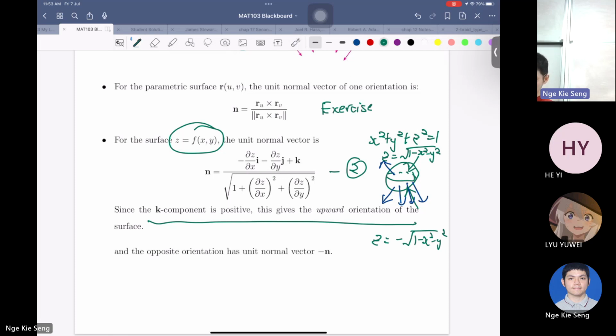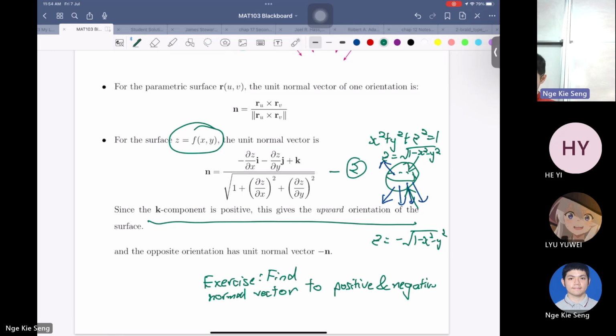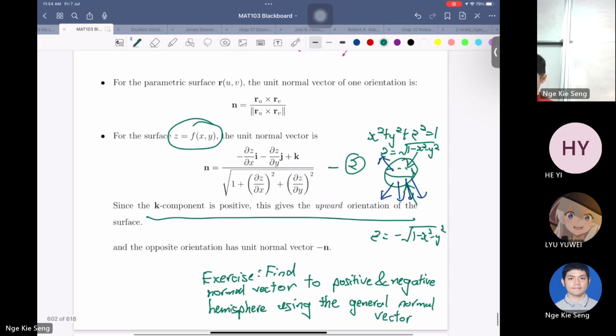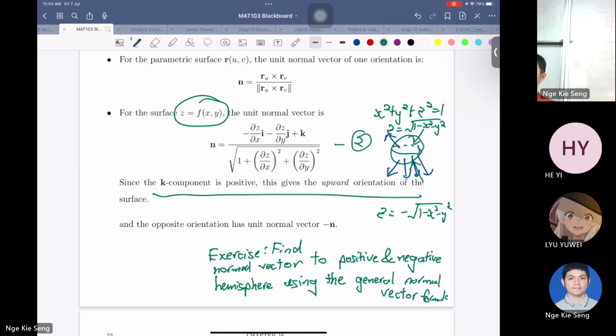The exercise is to find the normal vector to the positive and negative hemisphere using the general normal vector formula.